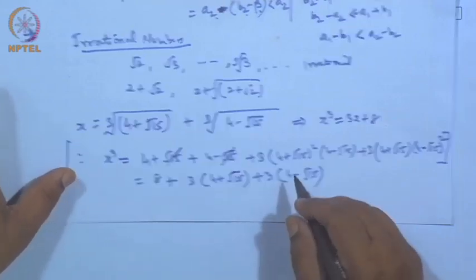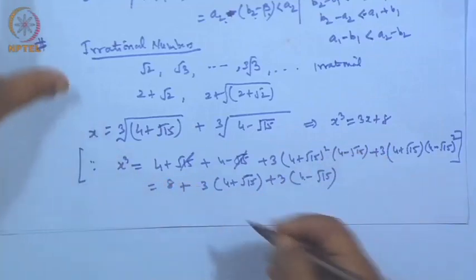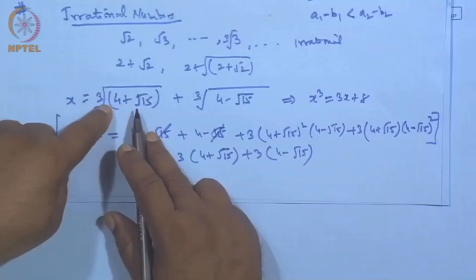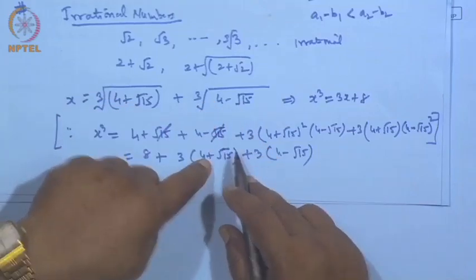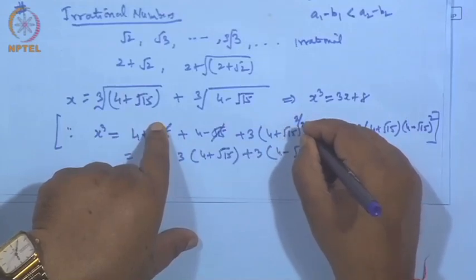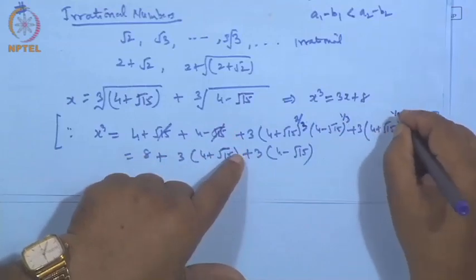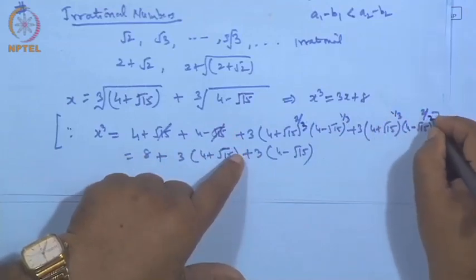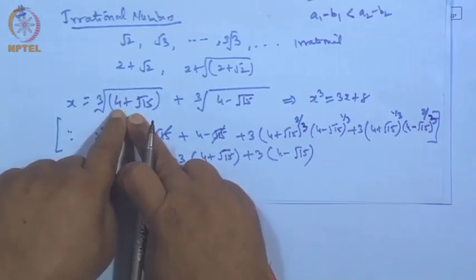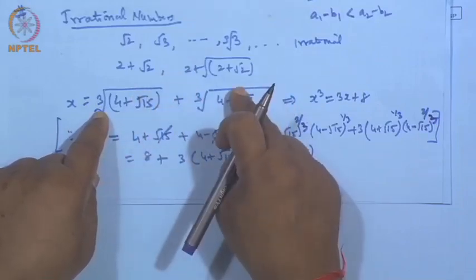Yes, so what you are getting is a cube plus b cube. Here I made some mistake. What is this expression? (a plus b) cube means a cube, b cube, then the square of this. So 2 by 3, is it not, into 1/3, then again 1/3 into 2/3. Is it correct? Because a square means, in the cube root, power 1 by 3, so square means 2 by 3 multiplied by 1 by 3.